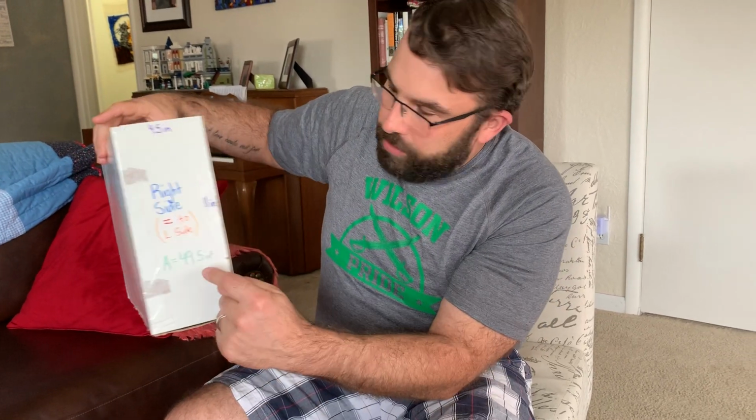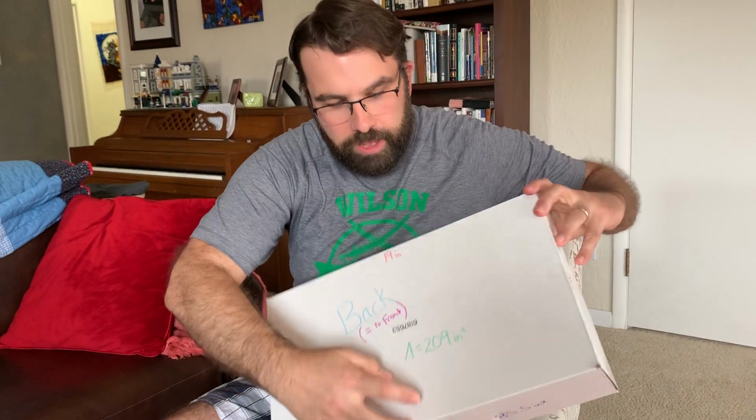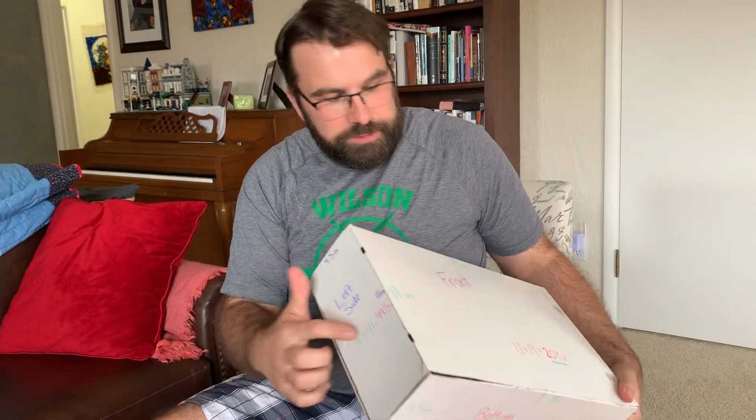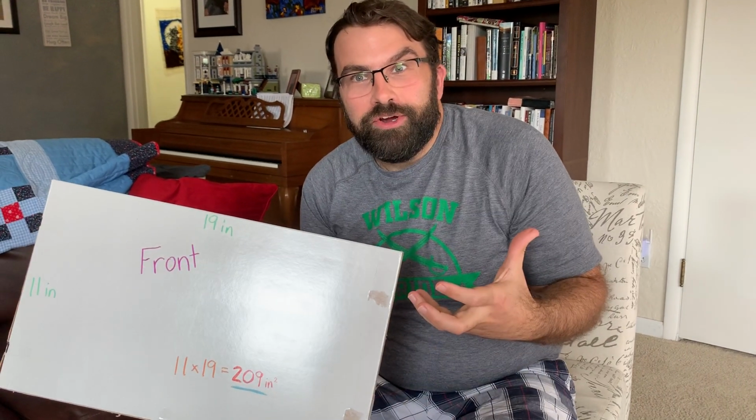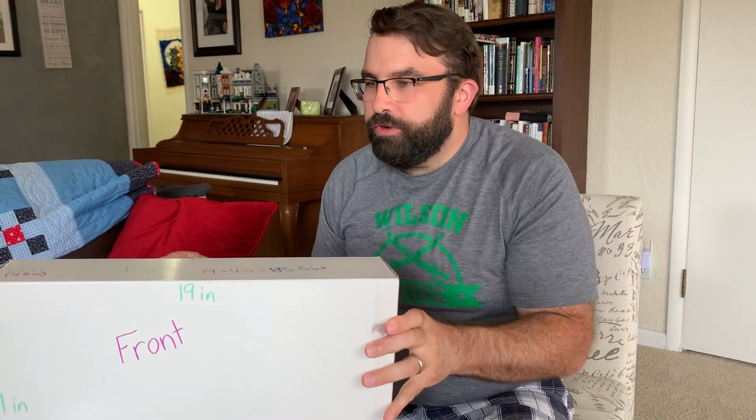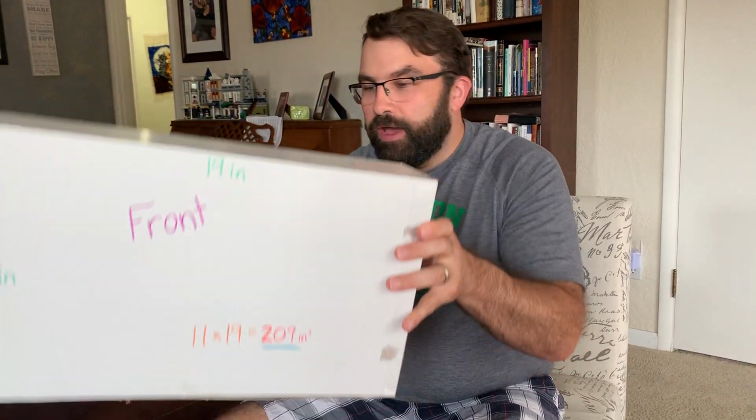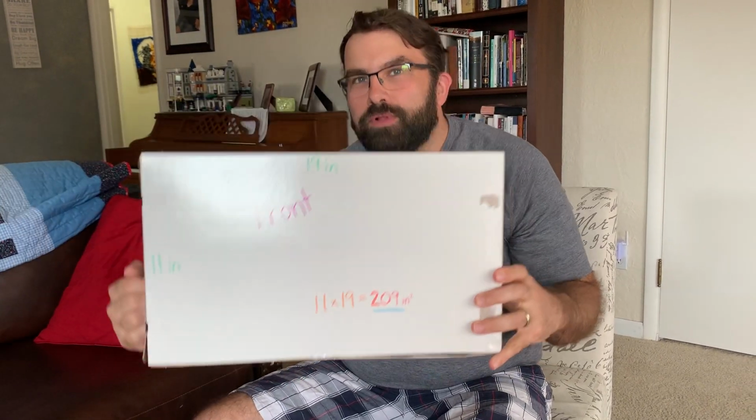So I now know the area of all the different sides, but that just gives me the area of the separate sides. If I want to know the total surface area, then I need to add these all together. I need to add 209 plus 209 plus 85.5 plus 85.5 plus 49.5 plus 49.5 will give us the total area.